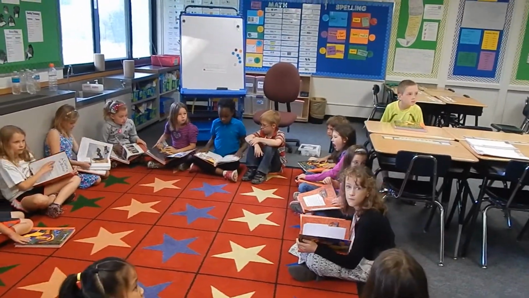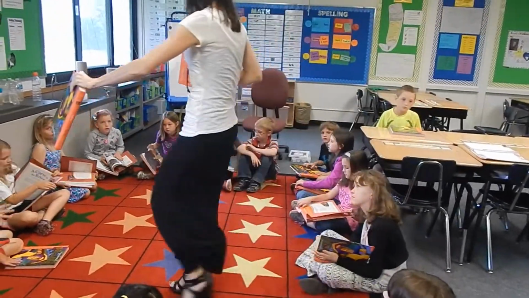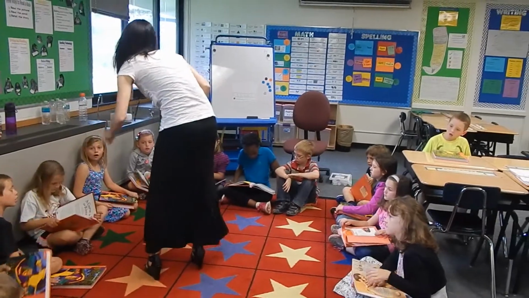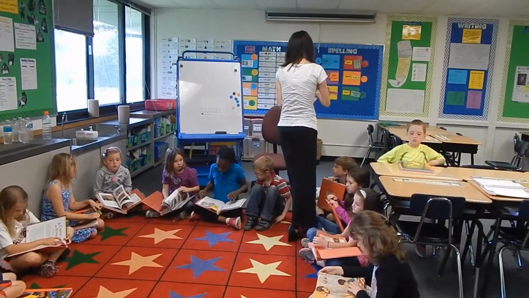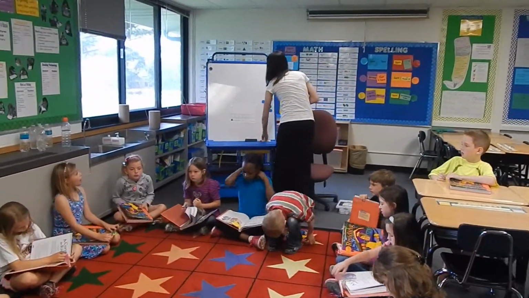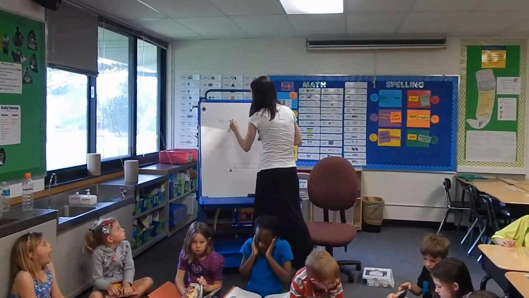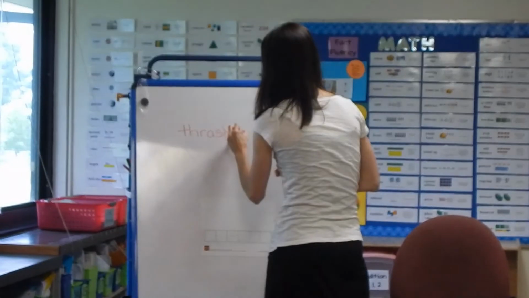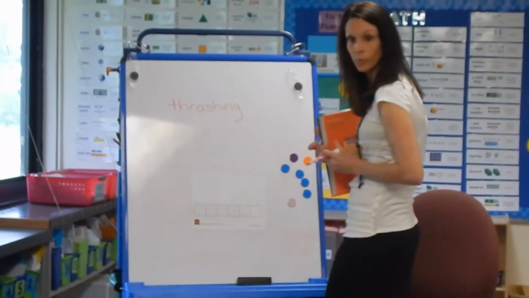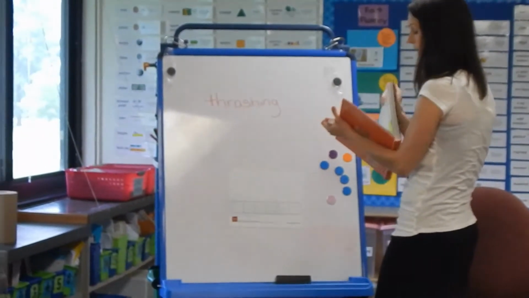I will tell you in a second. I'm going to write some vocabulary words up on the board. Got it? All right. We're going to be looking for 3 of them today. The first one is thrashing. So think about that word. Thrashing. Not trashing. Thrashing.